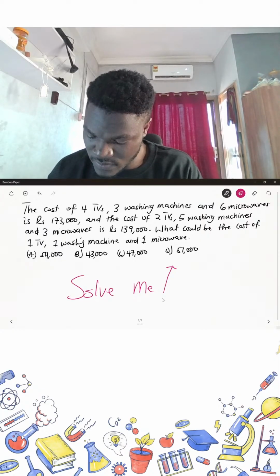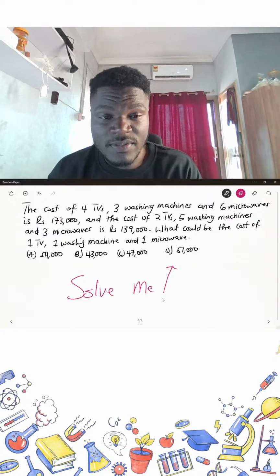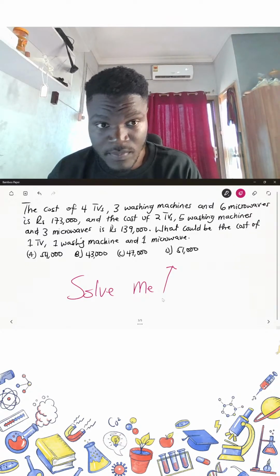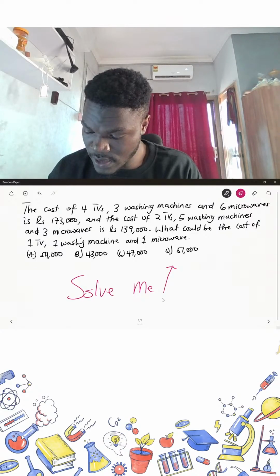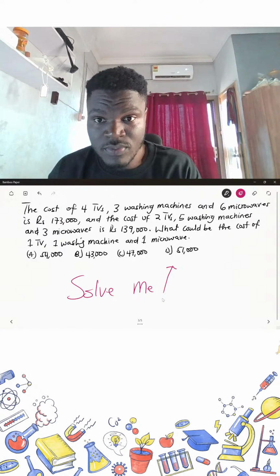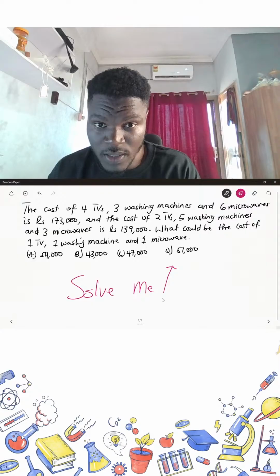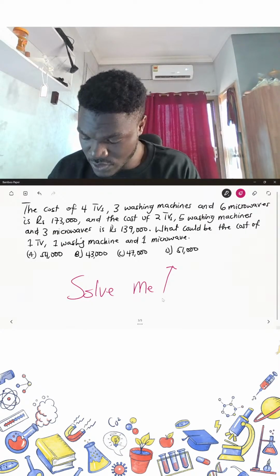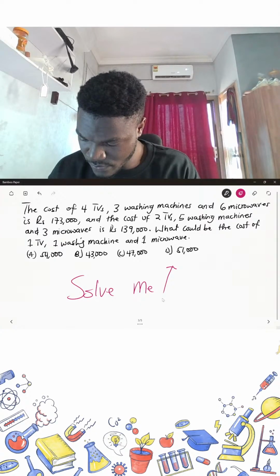The cost of 2 TVs, 5 washing machines, and then 3 microwaves is 139,000. So what is the cost of 1 TV plus 1 washing machine and then 1 microwave?